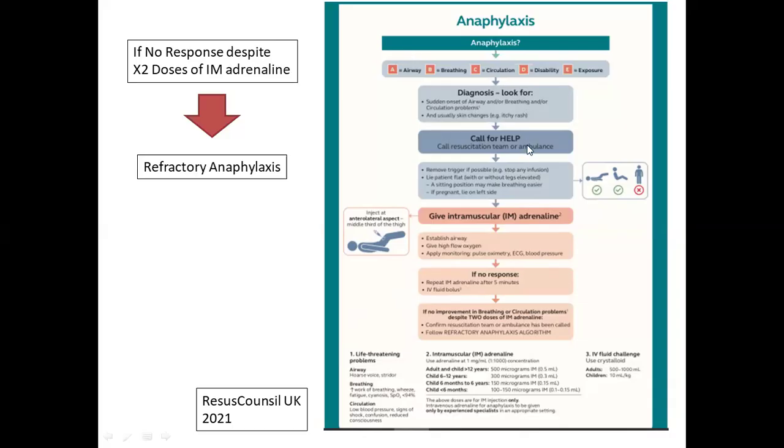Get the diagnosis, remove the allergen, give IM adrenaline to this site, and airway, breathing, circulation. That means cannula, high flow oxygen. If there is no response to the first adrenaline, give the second one and wait for 10 minutes after the second one. If there is no response, switch to the refractory anaphylaxis algorithm, right?